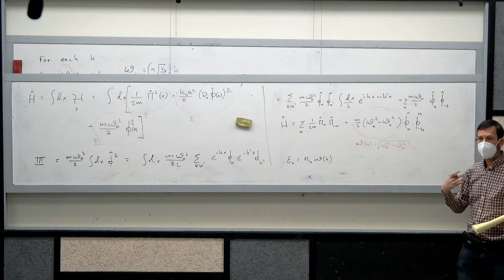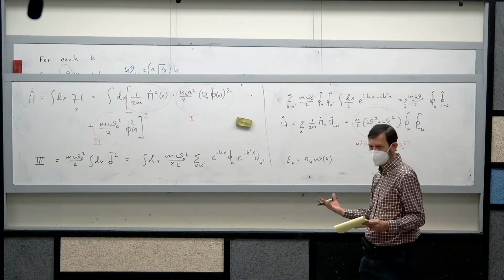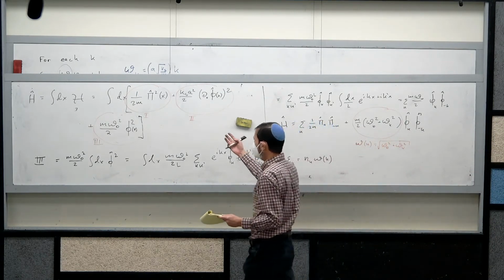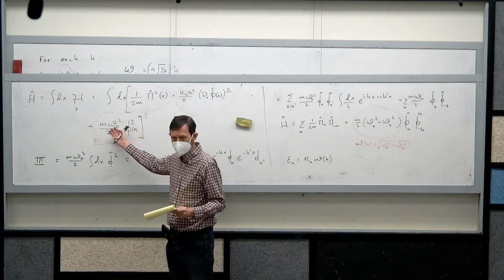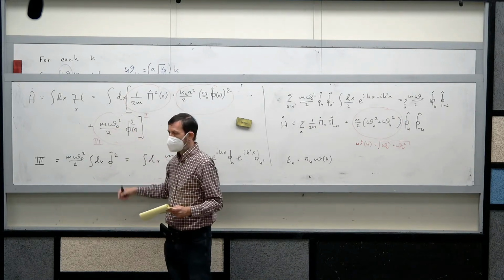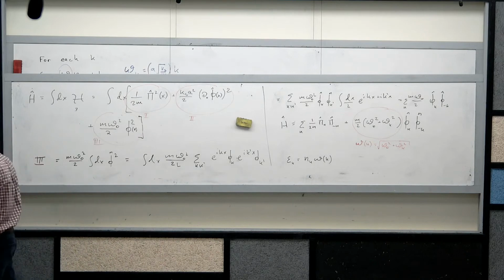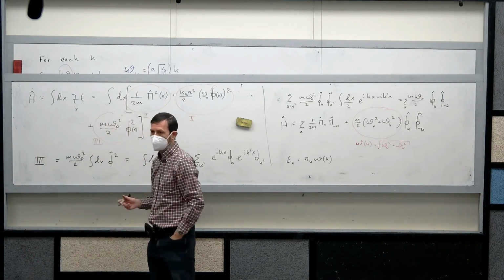So instead of a massless boson field, we got here a field with a mass, where the energy to add another boson costs you something proportional to omega 0.